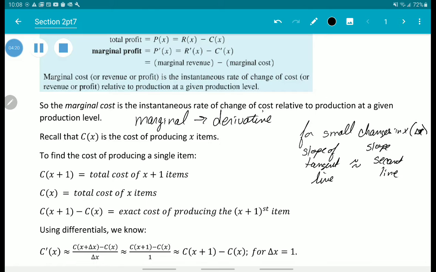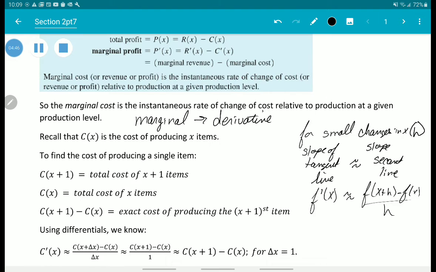Well, the slope of the tangent line is found by taking the derivative. The slope of the secant line we could find by looking at that difference quotient, f of x plus h minus f of x all over h. And as long as we're looking at small delta x's or small h's, we could use either one of these here.